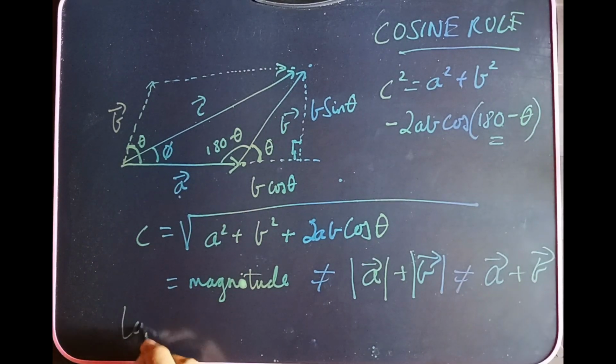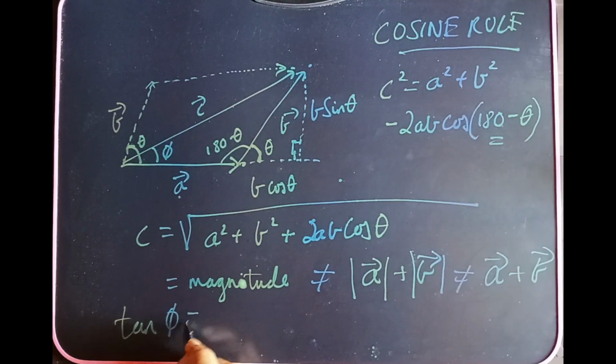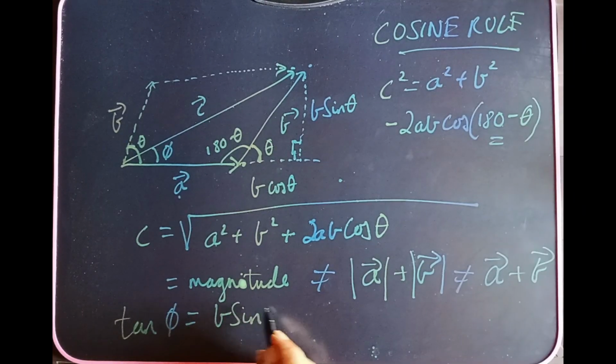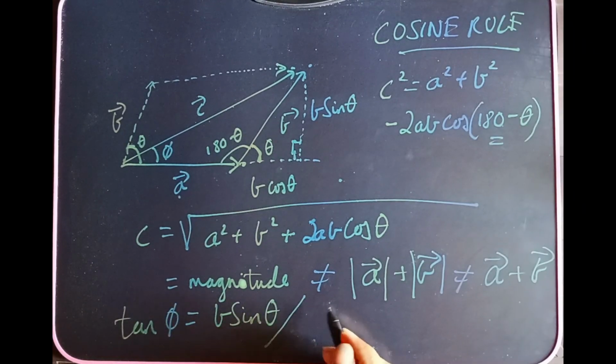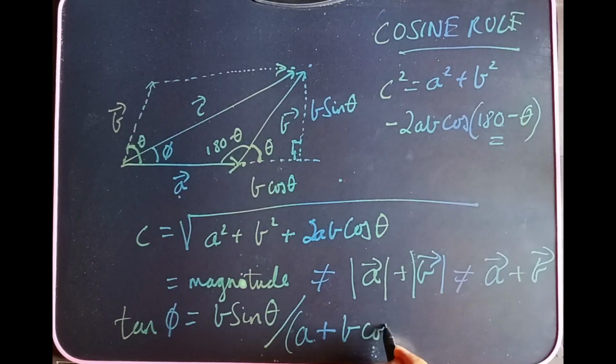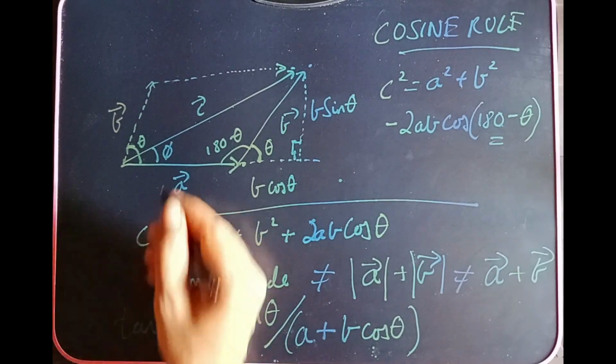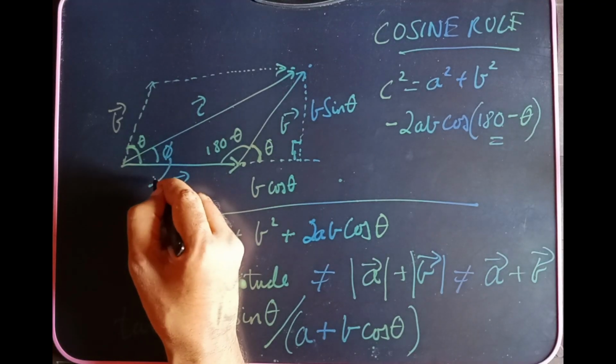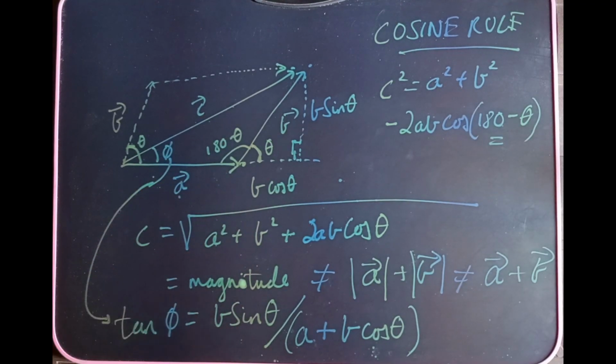This phi can be written as tan phi is equal to B sin theta divided by the magnitude of A vector plus B cos theta, right? This is the angle.